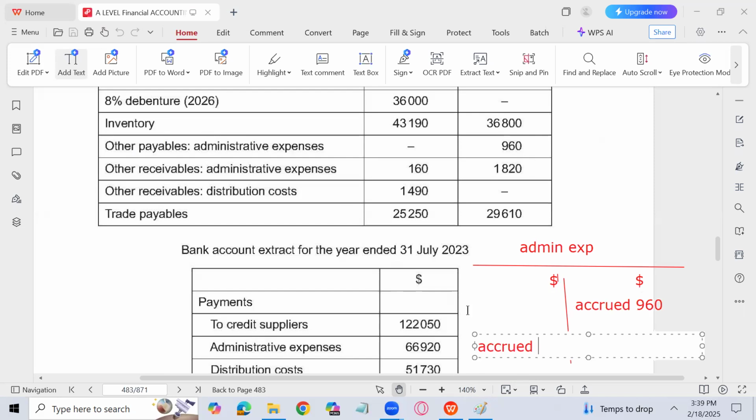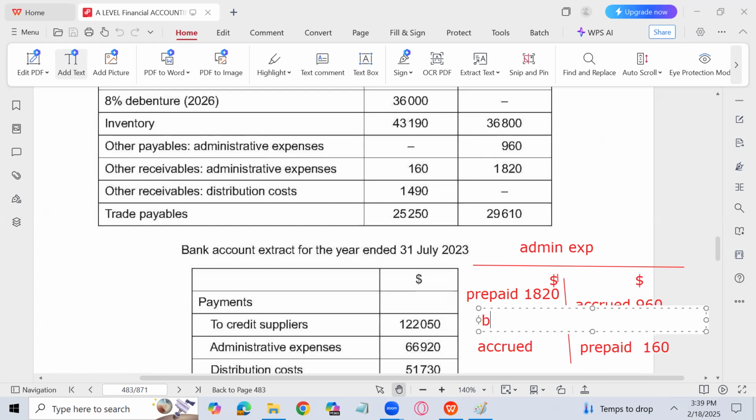Now here prepaid brought down for admin expenses is 1820, and prepaid carried down, I will write here, is going to be 160. Now the bank figure, the admin expenses paid, is going to be 66920.